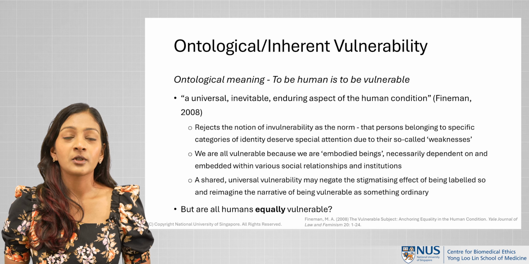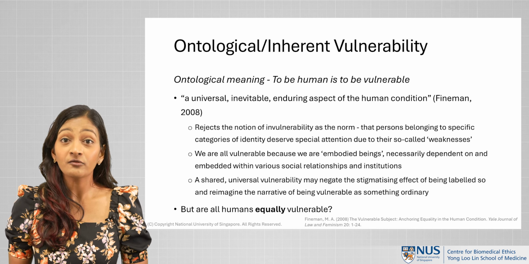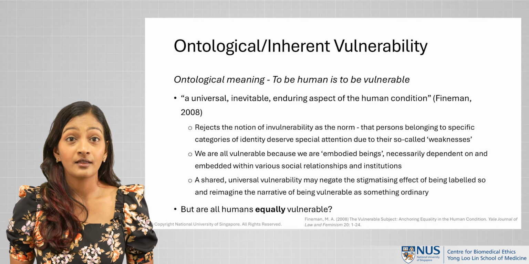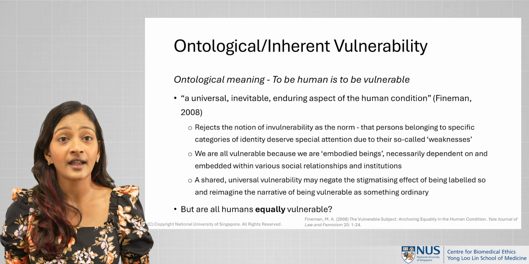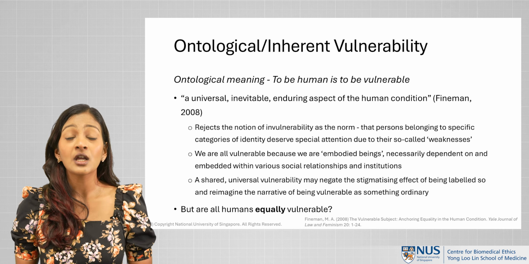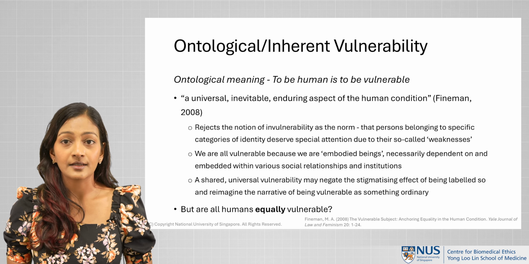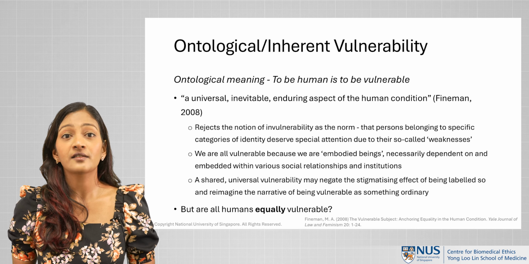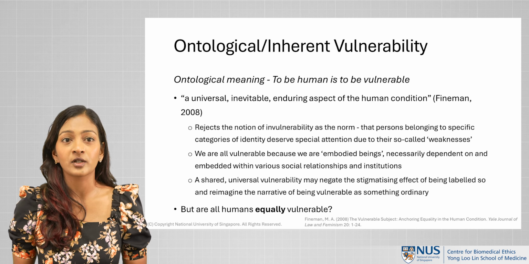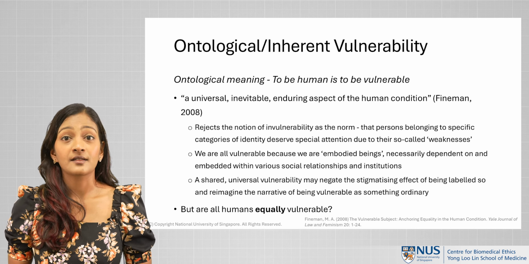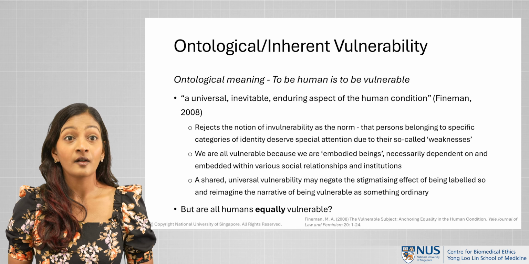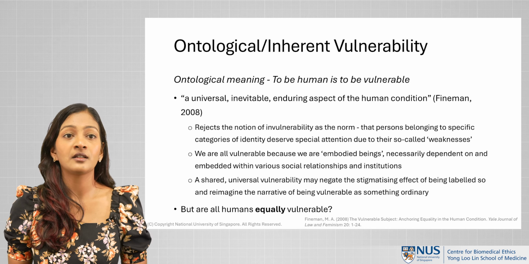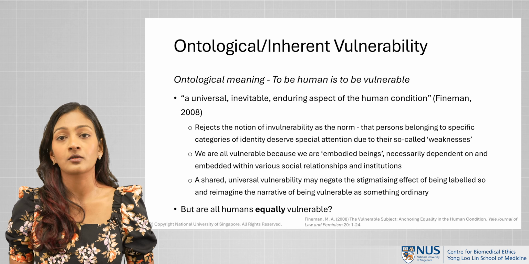This approach to vulnerability rejects the notion of invulnerability as a norm. That is, that persons who illustrate certain characteristics deserve special attention solely due to their so-called weaknesses. This rather commonly accepted notion actually fails to recognize that we're all vulnerable because we are embodied beings, necessarily dependent on and embedded within various social relationships and institutions.